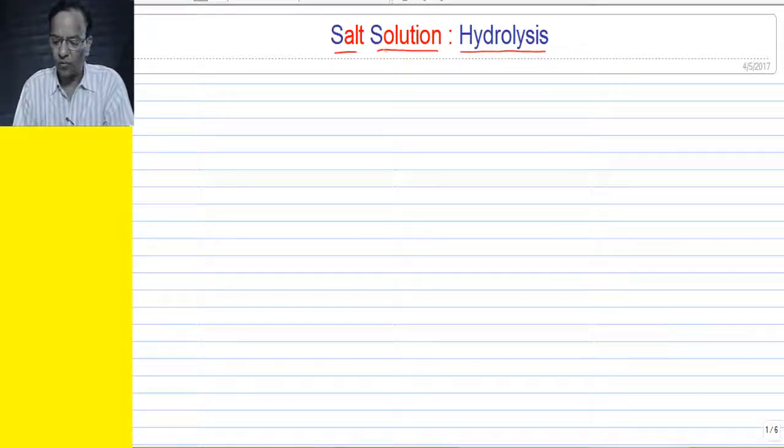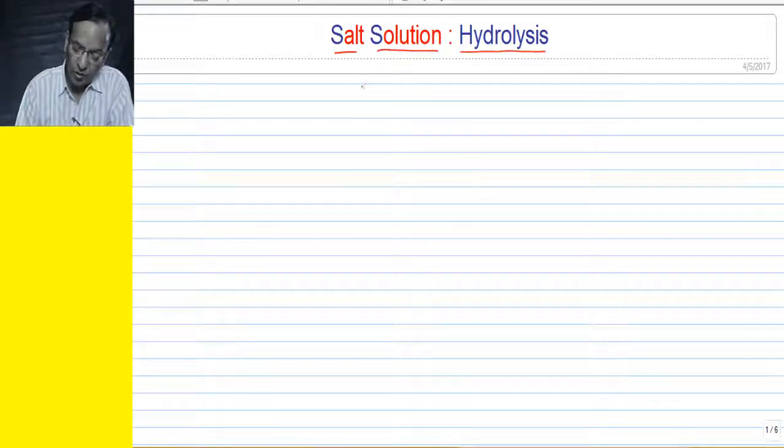On the basis of the formation of salt from acid and base, salts are divided into four categories.